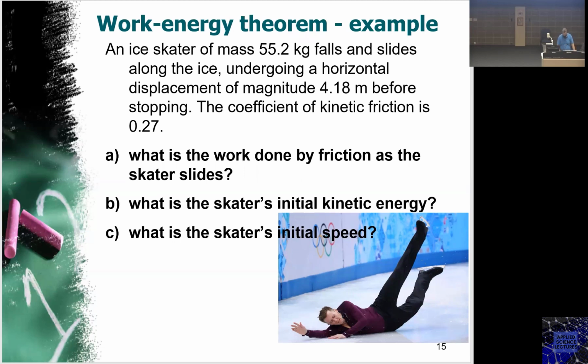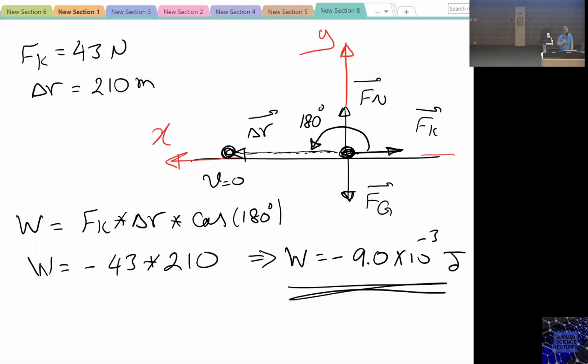We want to calculate the work done by friction as the skater slides. So again, the first thing to do is to draw the free body diagram and pay attention to the displacement vector. It is extremely important when you calculate the work to identify your displacement direction.